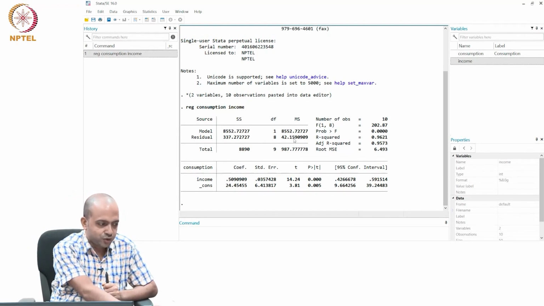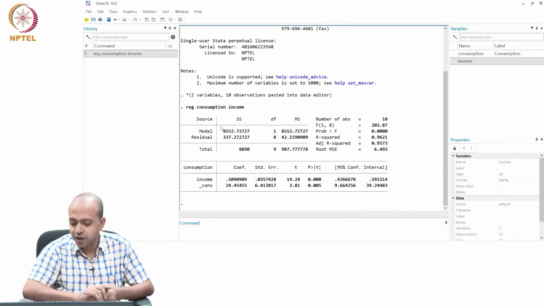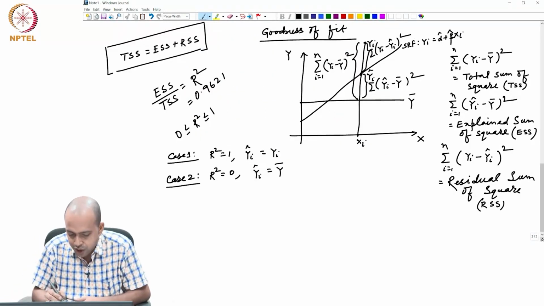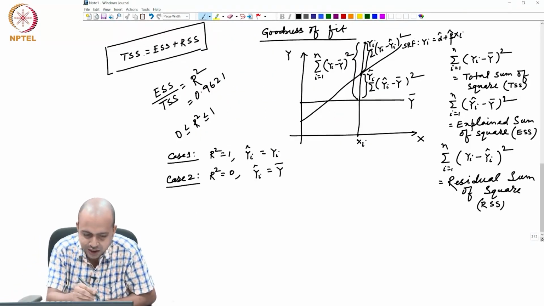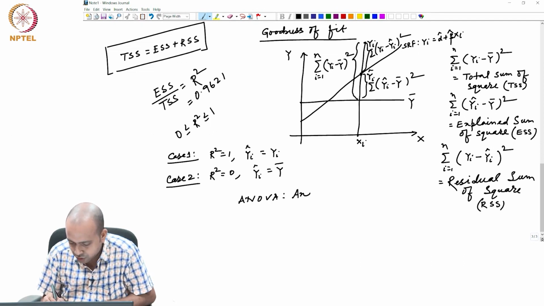This particular table is called the Anova table. Anova means analysis of variance. This TSS, ESS and RSS that Stata is giving is called the Anova table, A-N-O-V-A, analysis of variance.